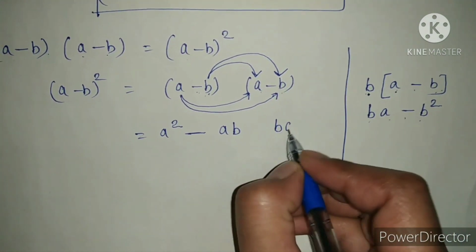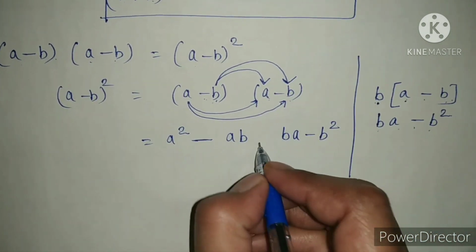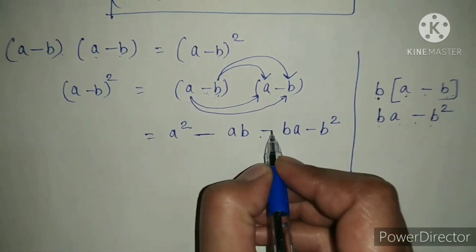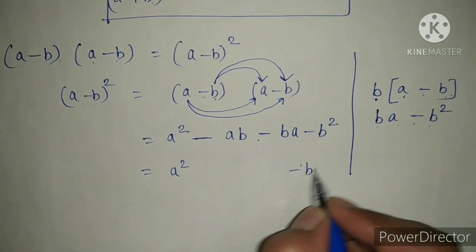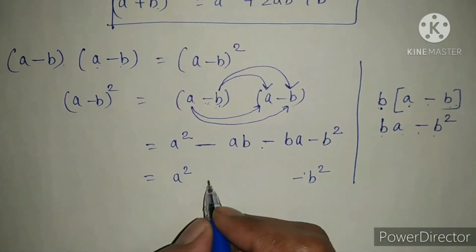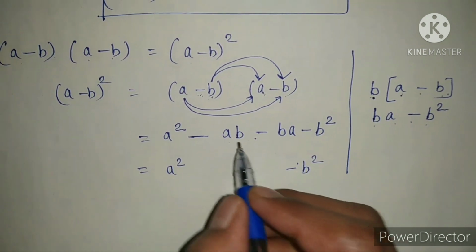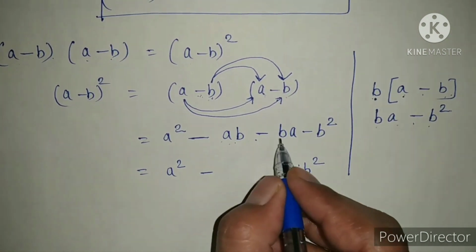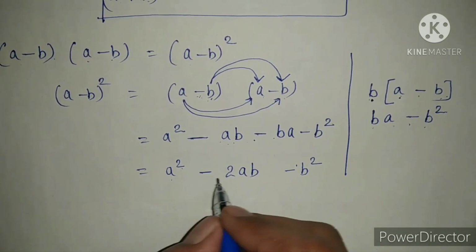So ba minus b square. But what symbol will come here? Here will come the first bracket's symbol, that is minus. So a square minus b square as it is, but minus becomes plus. The order is different but the same variable is here, that's why 1 time and 1 time, so it will become 2 times.